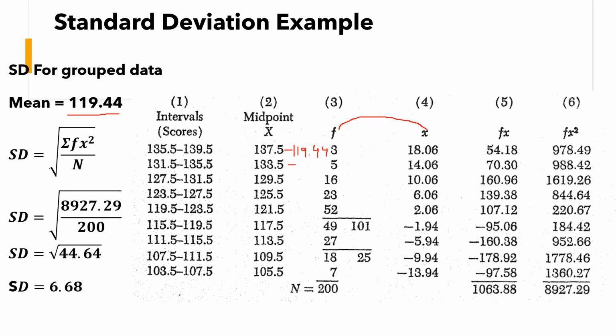The sigma of fx square is 8927.29. Divided by 200, this is 44.64, and the standard deviation for this value is 6.68. This is the entire process of calculation of standard deviation for ungrouped data as well as grouped data.